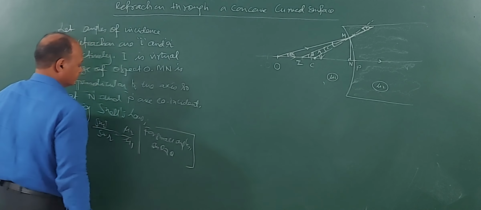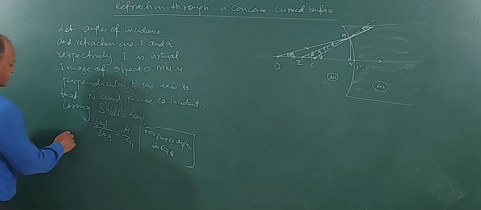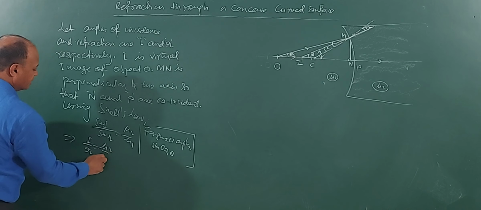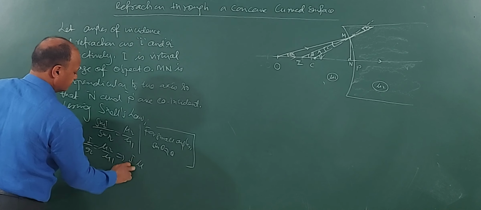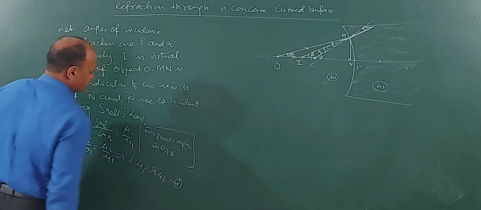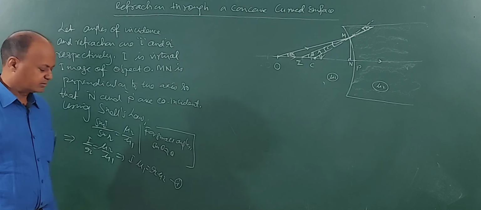So I can replace sin I with I and sin R with R. So I by R is equal to mu2 by mu1. So I mu1 is equal to R mu2. This is equation 1.